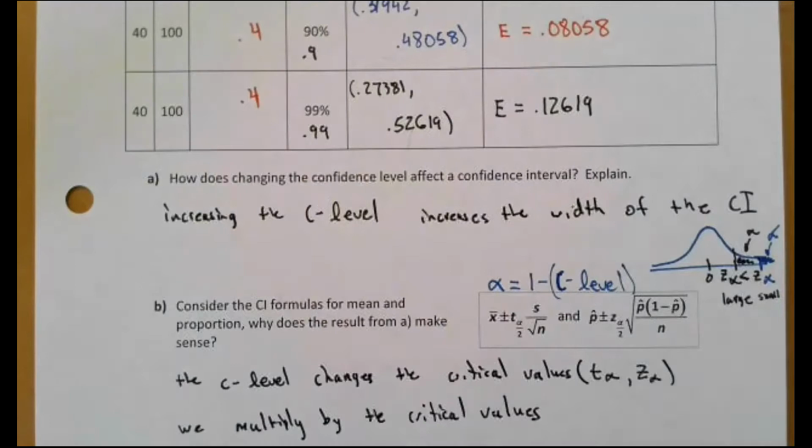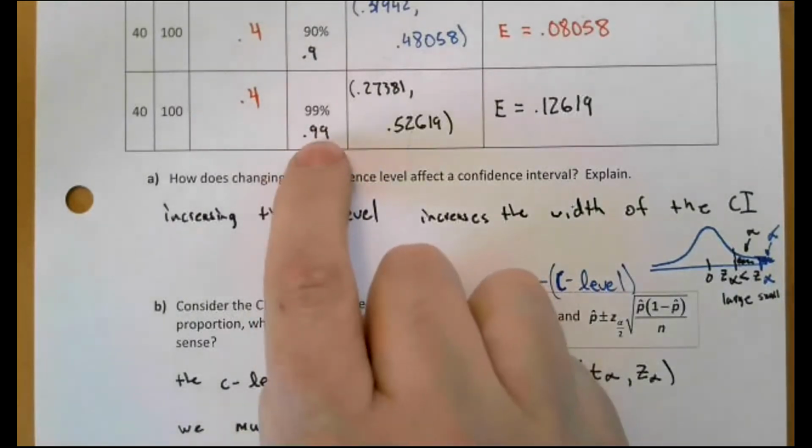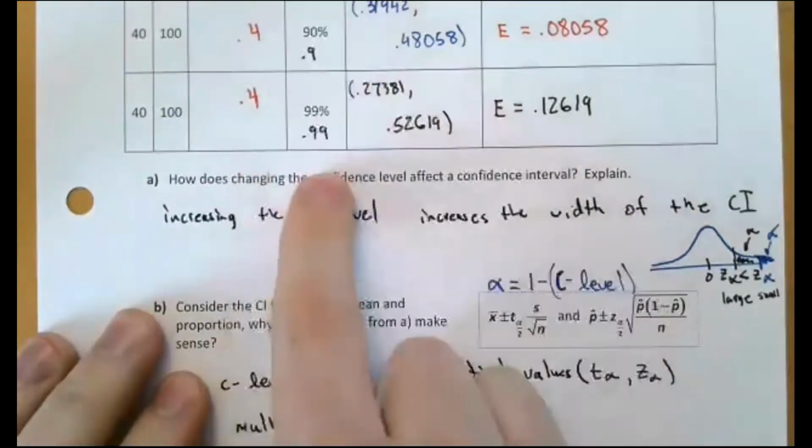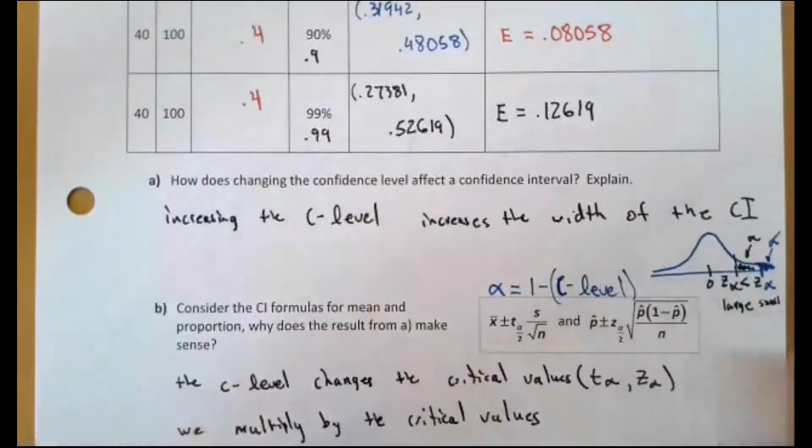It's like fishing. If you're fishing with a net, you have a higher chance of catching fish with a bigger net than with a really small net. So that's what this is doing. Increasing this confidence level makes that confidence interval wider and wider. And you can see that, at some point, your estimate of the parameter is useless.